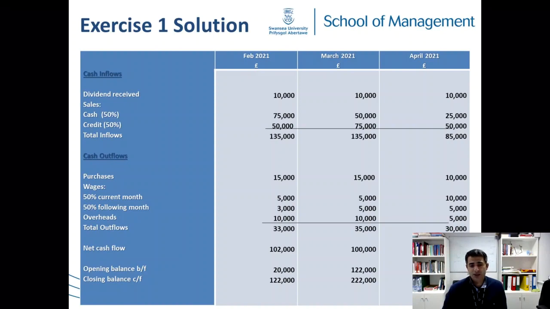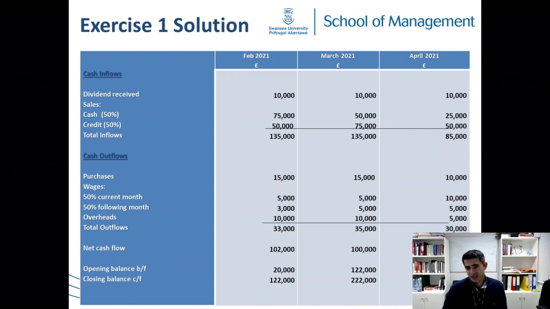Very simple. You add the net cash flow to the opening balance to get the closing balance. So the closing balance in February is 122,000, the same as the opening balance in March.